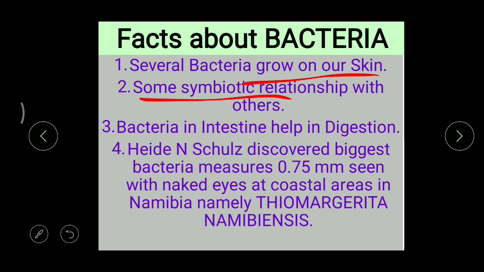Then some bacteria live in our intestine and help in digestion. Digestion means converting large complex molecules like carbohydrates into simple molecules called glucose, proteins into amino acids, and fats into fatty acids and glycerol, right?